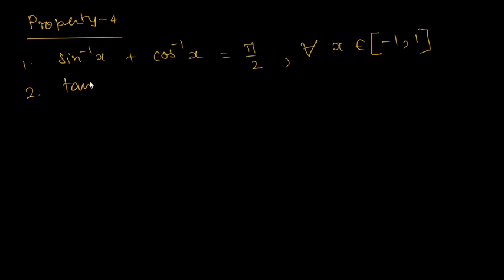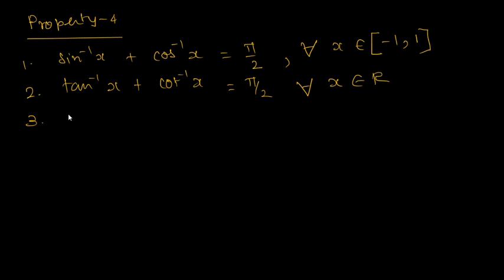Tan inverse of x plus cot inverse of x is given by the same pi by 2, and here for all x that belongs to the real numbers.